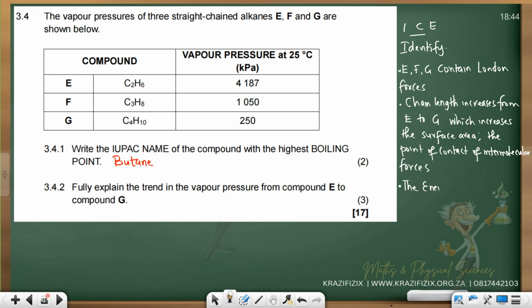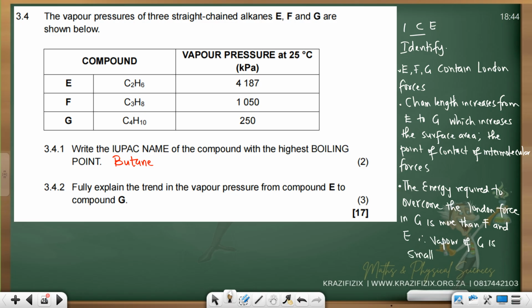The energy required to overcome the London forces in G is more than F and E. Therefore, the vapor pressure of G is smaller.